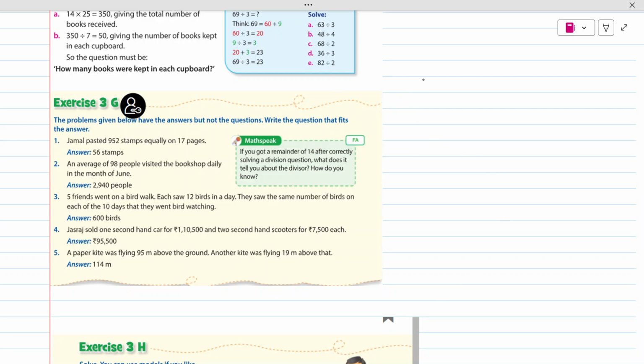Okay, so exercise 3G, question number 1. It says Jamal pasted 952 stamps equally on 17 pages, and then the answer is given to us.